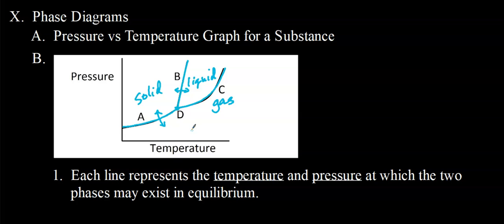More striking than that is the pressure. Look at that. The triple point occurs at a pressure of 0.6 kilopascals. Now remember, regular atmospheric pressure is about 101 kilopascals. So we're talking about 100 times less pressure than regular atmospheric pressure at sea level.